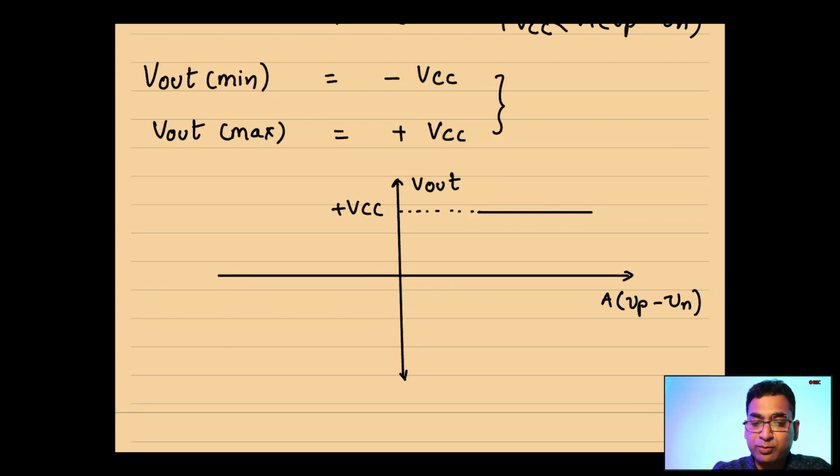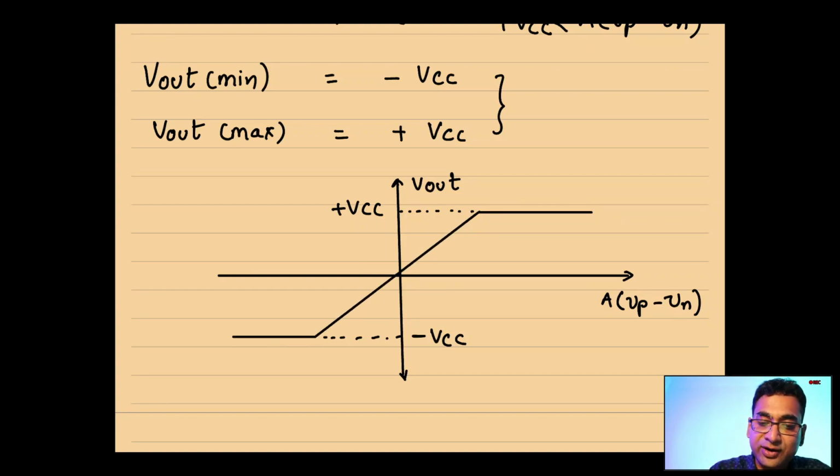The output minimum is going to be negative VCC. Negative VCC is going to be the output minimum, and in between these two values, the output is really going to have a slope.